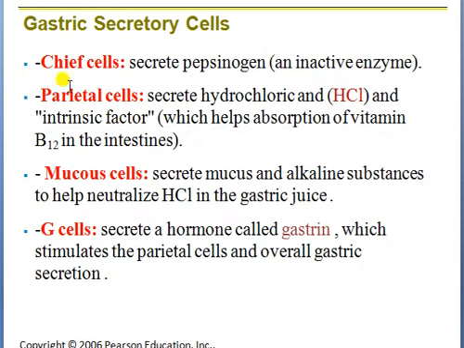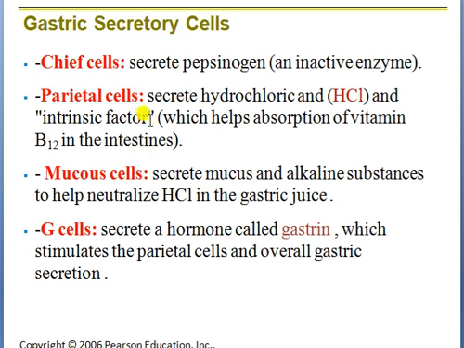Then, what cells are present in gastric secretion? Chief cells secrete pepsinogen, and also chymosin. Parietal cells secrete hydrochloric acid and intrinsic factor, which helps the absorption of vitamin B12 in the intestine.